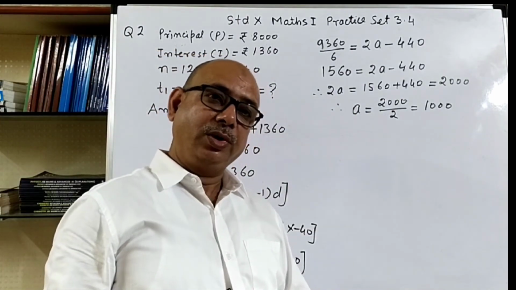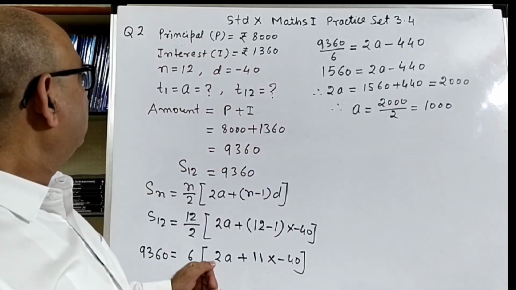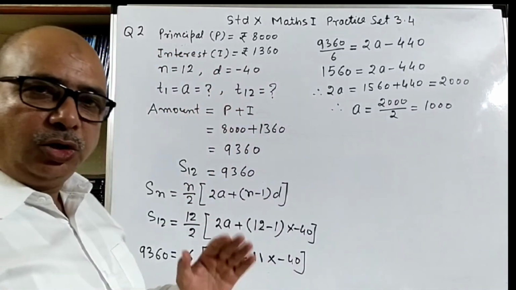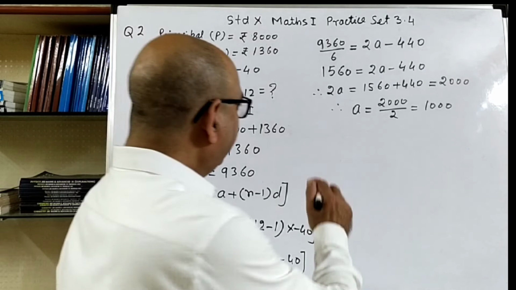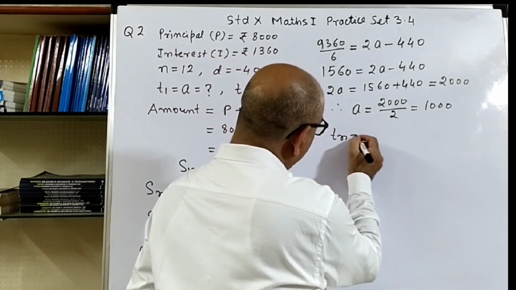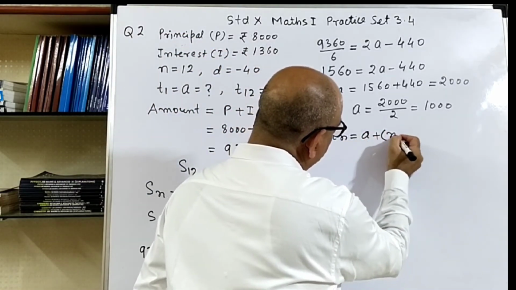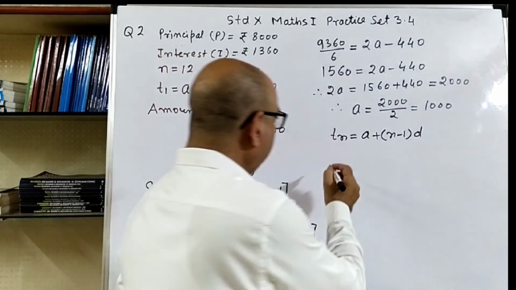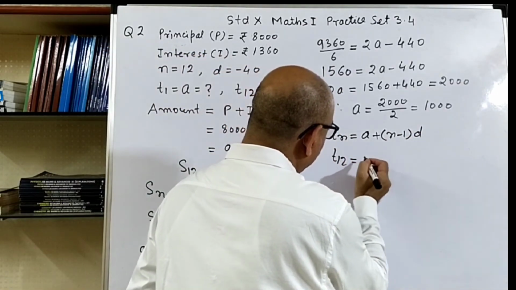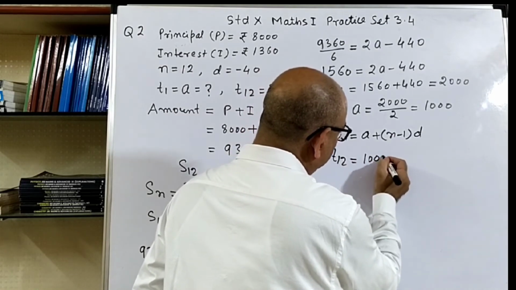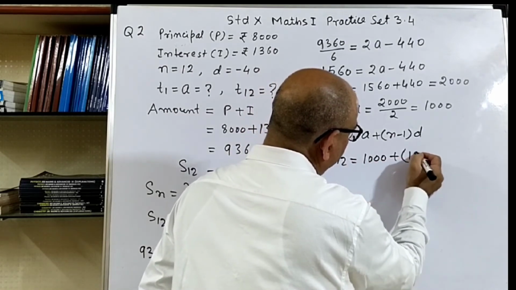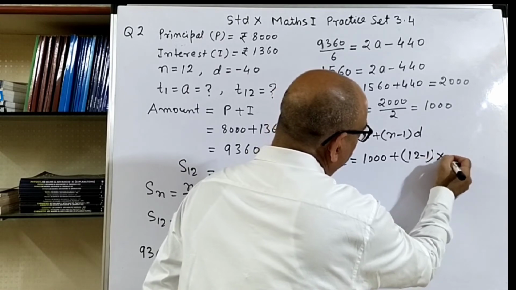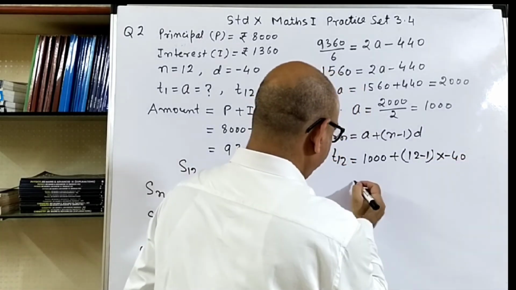A is the first installment, and we need to find out the value of T12. We know that Tn is equal to a plus n minus 1 d. Value of T12, that means a is 1000 plus n minus 1, that is 12 minus 1, into d, minus 40.